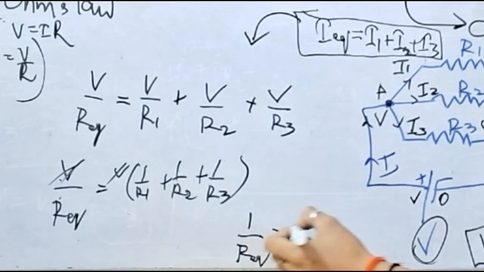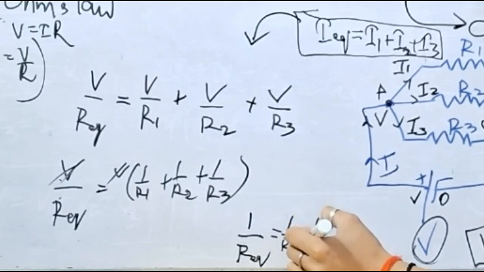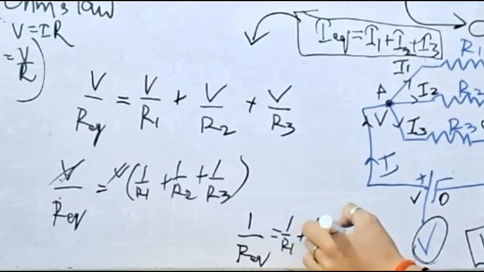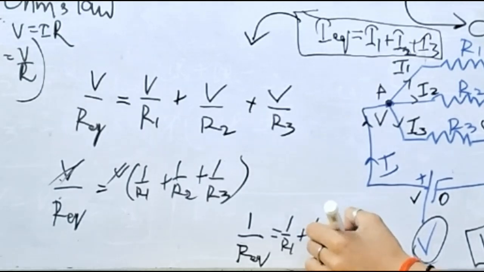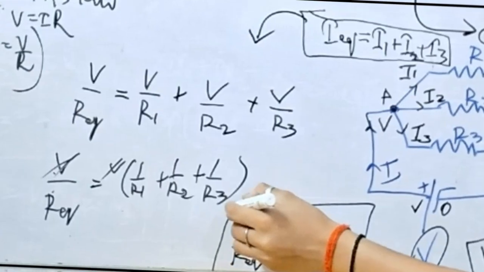That is, 1 upon R equivalent is equal to 1 upon R1 plus 1 upon R2 plus 1 upon R3. This is our final derivation.